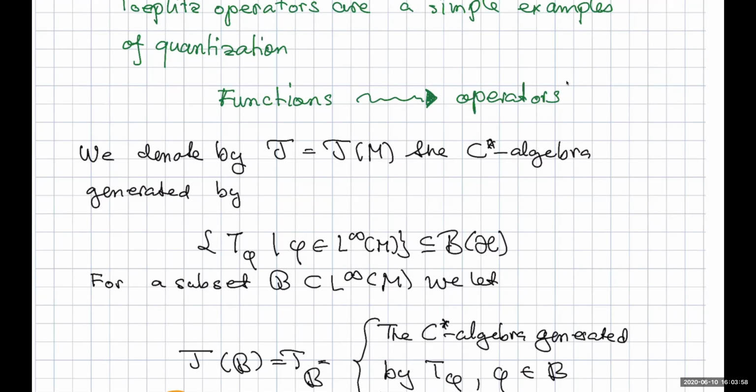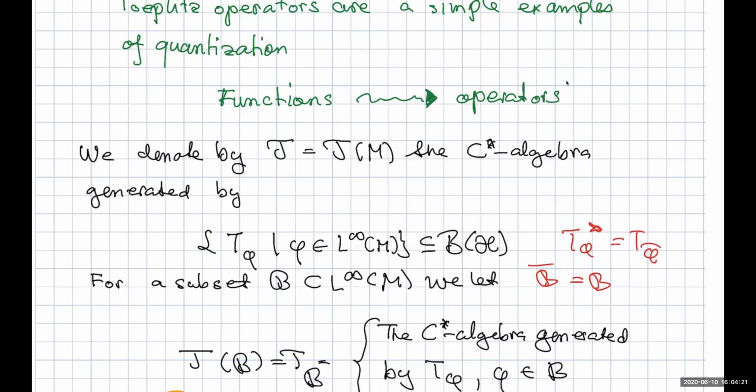One usually assumes that B has the property that if you have phi, then phi bar is in there. That is because then T phi star is also a Toeplitz operator.